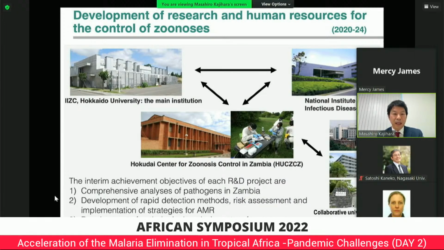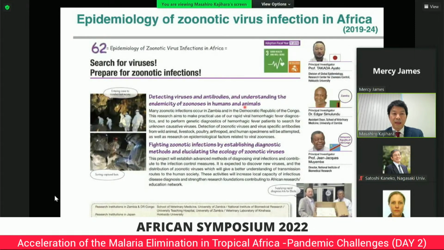We are forming a tripartite collaboration between our institute, UNZAVET and the National Institute of Infectious Diseases. The other project is under SATREPS. The project name is Epidemiology of Zoonotic Virus Infection in Africa. This is supported by JICA and AMED.